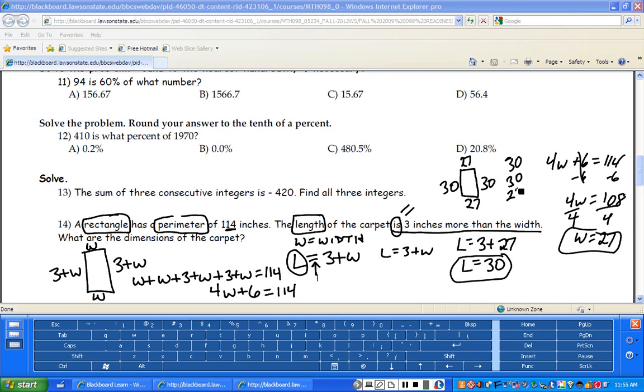And then add up 27s. Excuse me. 27s. And that gives me 4. 7, 7, 14, carry the 1. So that's 4 and 3, 7, 7, 2, 9, 9, 2, 11. So there it is. If you add all these up, you get 114. So that tells us that our length must be 30 and our width must be 27.